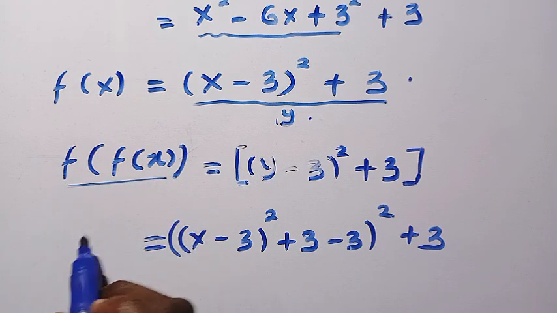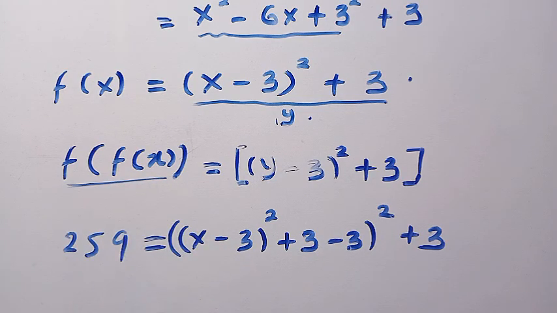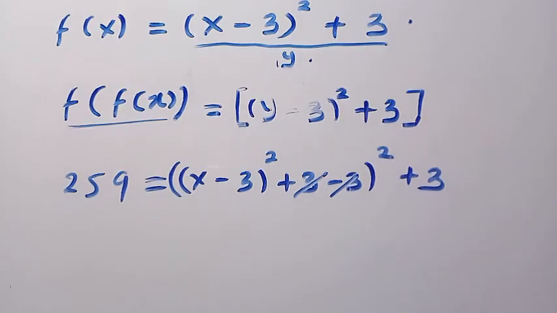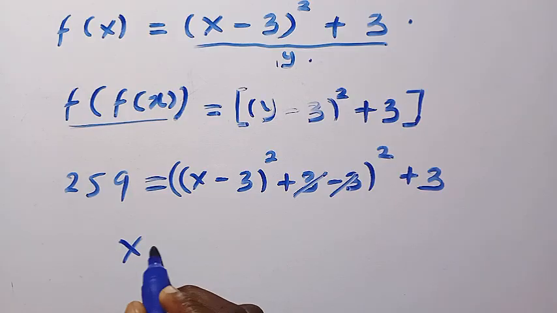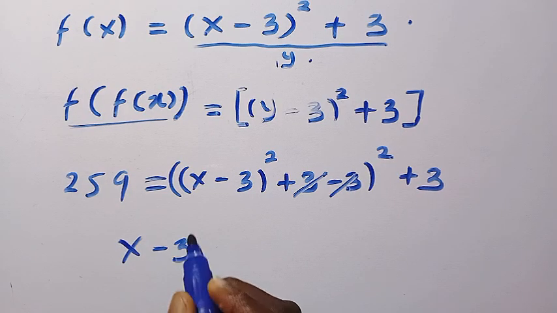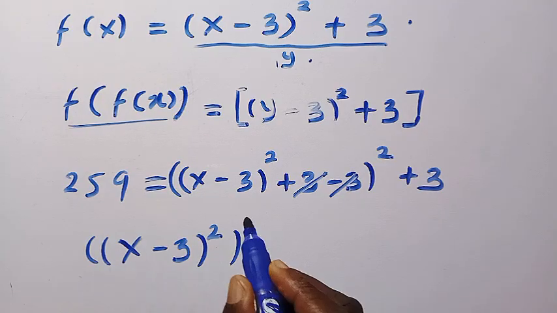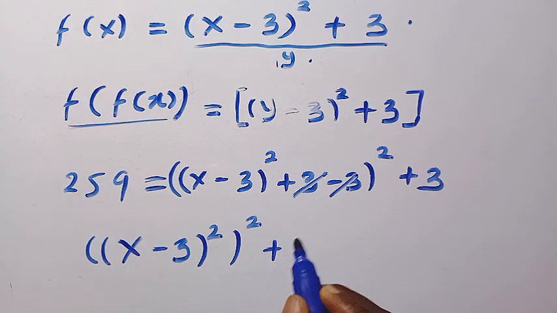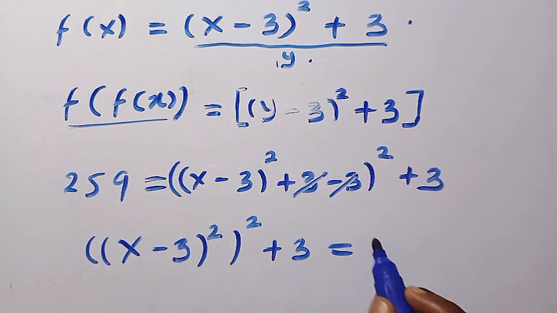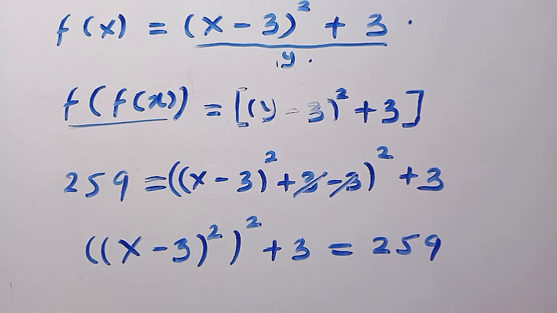And everything here equals 259. The plus 3 and minus 3 cancel, so we have x minus 3 squared, then all squared, plus 3 equals 259.